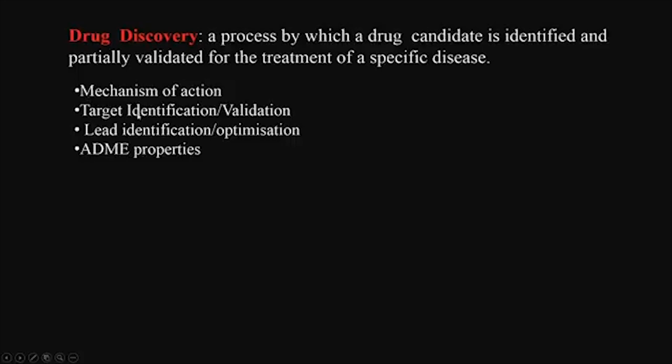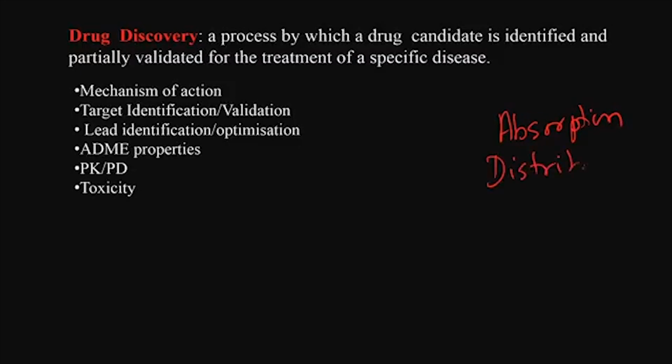Yesterday I mentioned A is absorption, D is distribution, M is metabolism, and E is excretion. So it should get absorbed very nicely into the human system, and then comes distribution into the bloodstream, and it may get distributed into the various tissues.